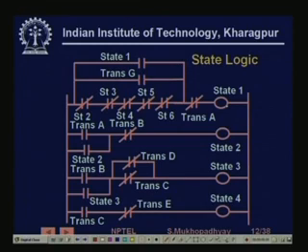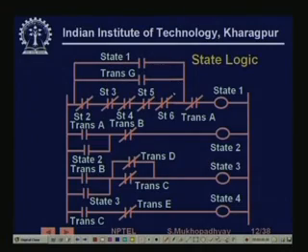So the computation came from the transition logic to the state logic. It found state 1 is on. It found that transition A is on, because the transition logic has been already evaluated and found to be true. Therefore this auxiliary contact will be closed, and therefore now state 2 will be on.